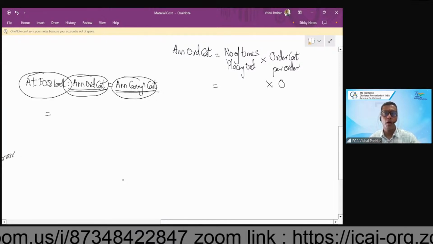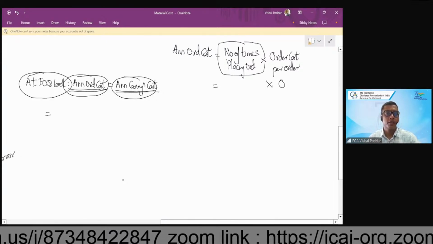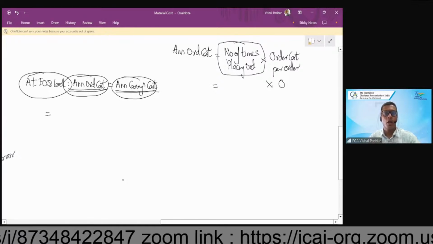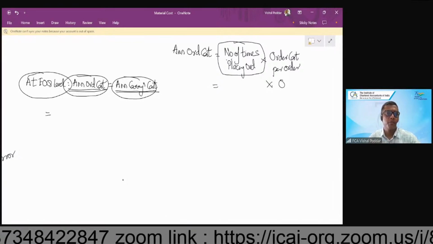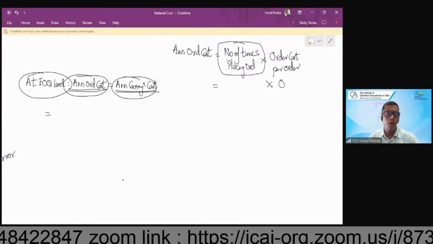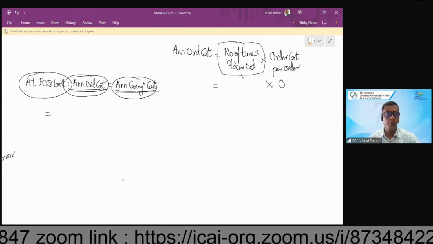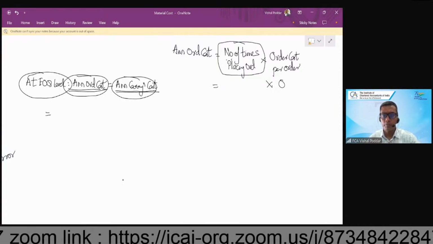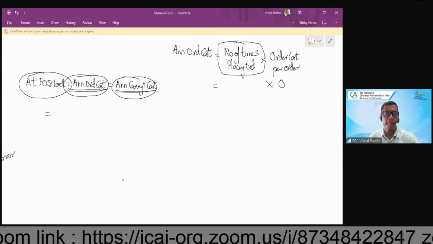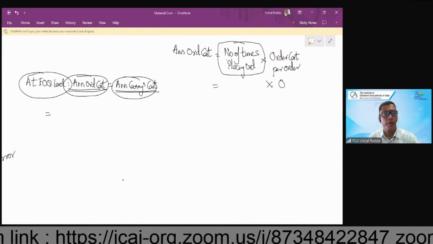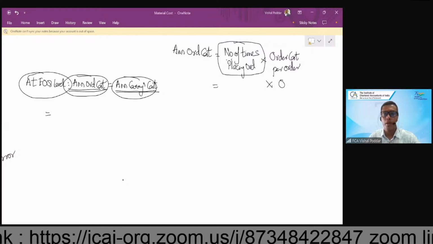Now, if you remember, when we were discussing this in the trial and error approach, how did I find out this number of times? How will I find out how many times I have to go to the market? Can anybody put some formula as to how I will get the number of times I'll go to the market to place the order?